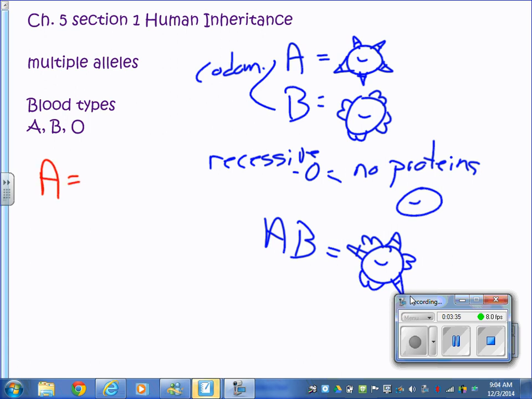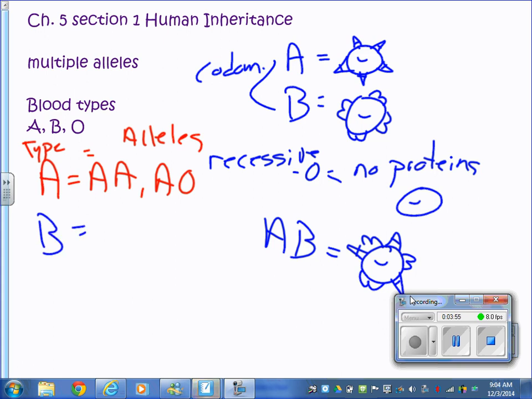So, if you have type A blood, your genotype could be either AA or AO. Right? That would be A-type blood. So this is type, and this is alleles. Okay? So then, if you have type B blood, what do you think you're going to have here?